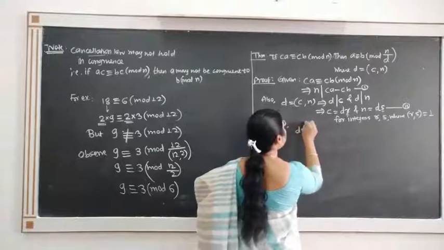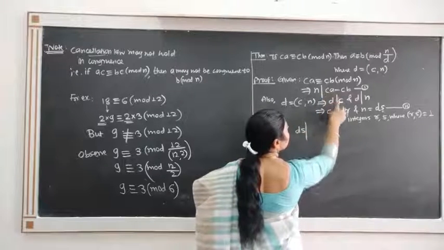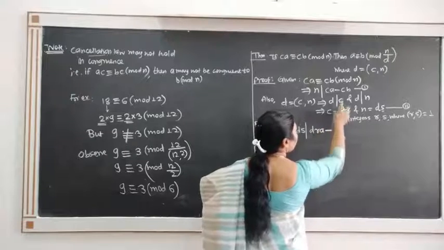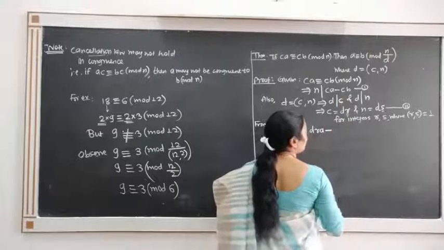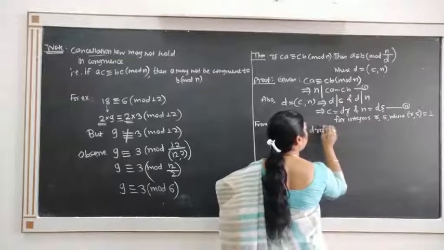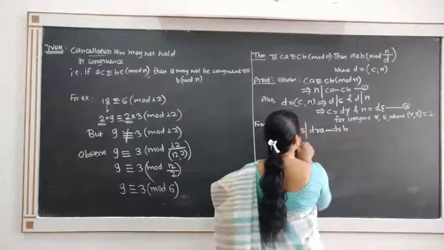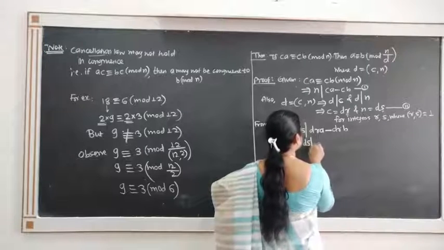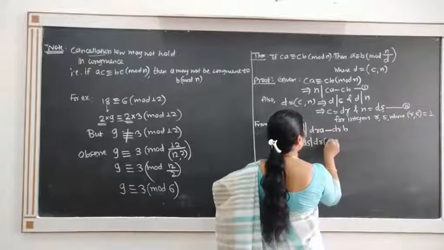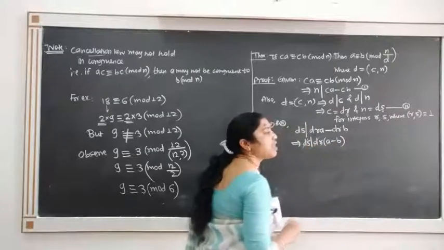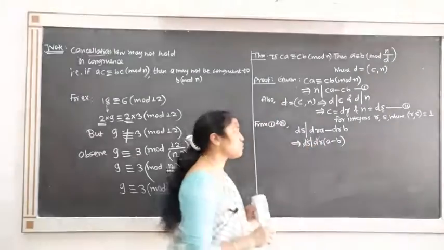So we will write down DS divides CA minus CB. C is nothing but DR. So DR into A minus DR into B. So I will take DR common. This implies DS divides DR into bracket A minus B. D gets cancelled because D is GCD, it is not equal to 0.